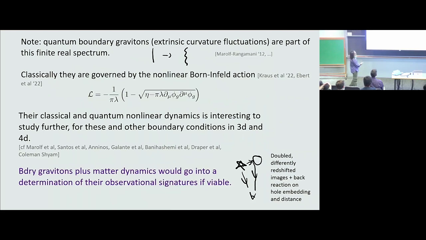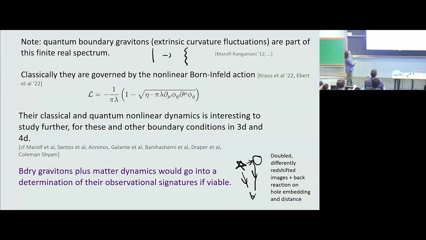But the thing to say at this level is that in beautiful work of the UCLA group, it has been shown that they are governed, not surprisingly, since I told you the Einstein equations map to the TT bar plus lambda 2 equations. They showed that these boundary gravitons are governed by a nonlinear Born-Infeld action, just like the dressed action for a free boson, CFT in general.